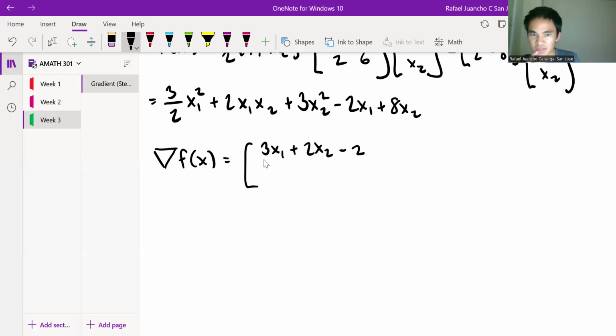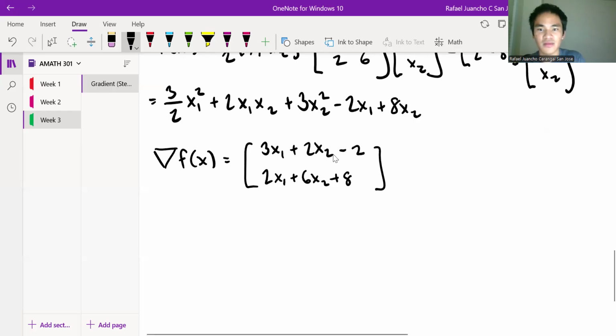I computed the derivative, it's something about computing partial derivatives. And then 2 x1 plus 6 x2 plus 8.